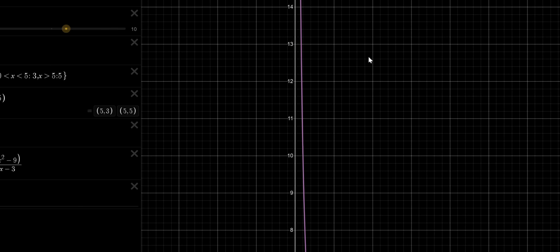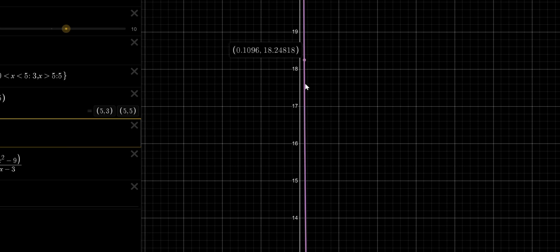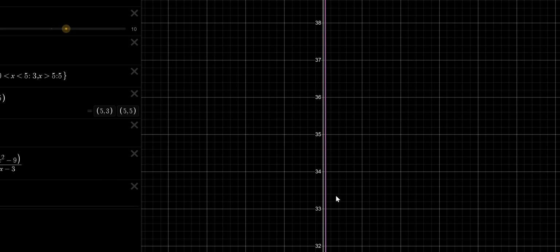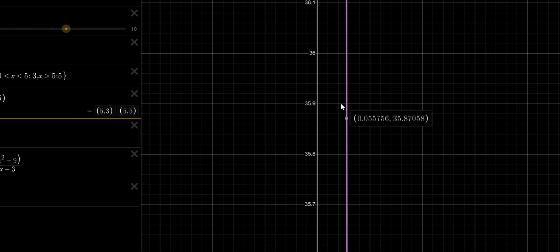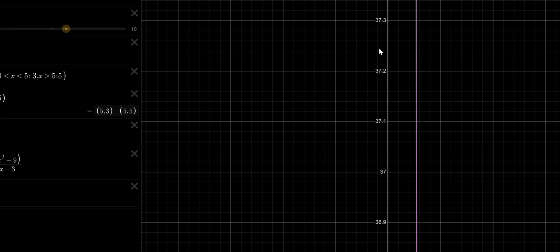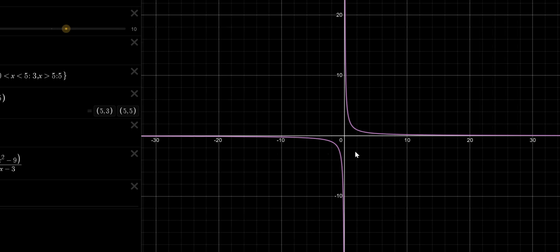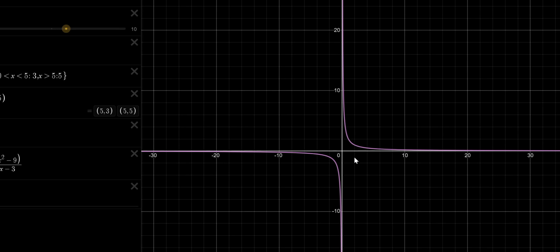So you'll notice that right here, as x is equal to 0, this goes on forever and ever, and it gets smaller and smaller as time goes on, but it will never touch x equals 0. And this right here is called a vertical asymptote.